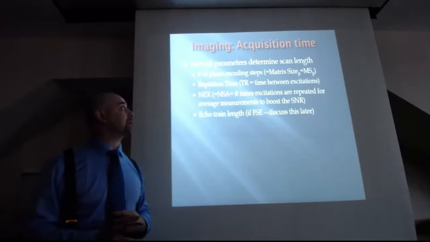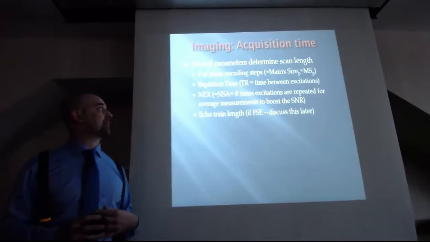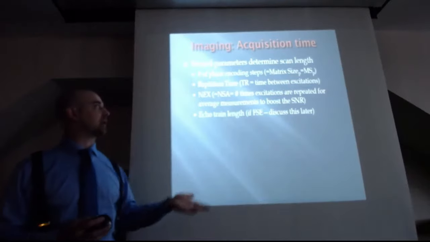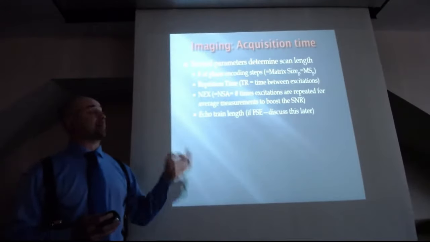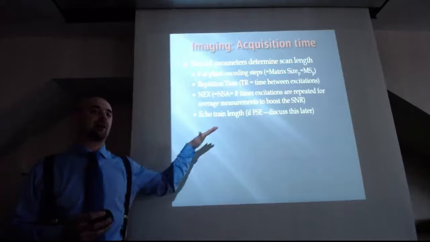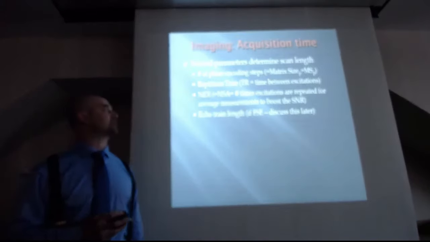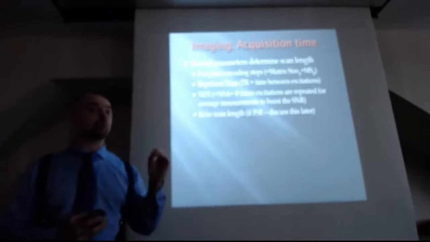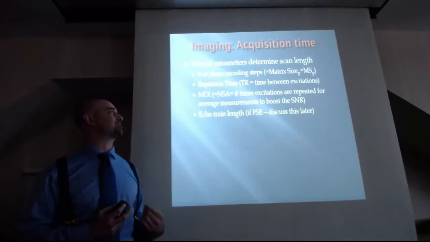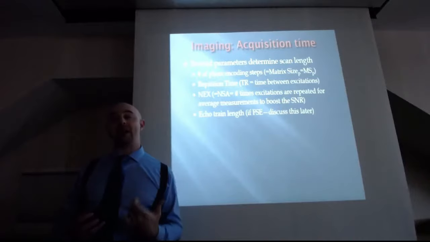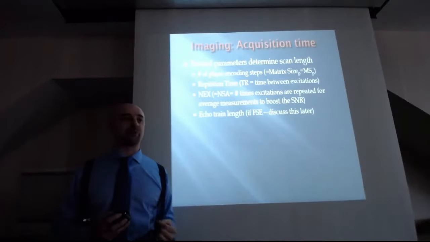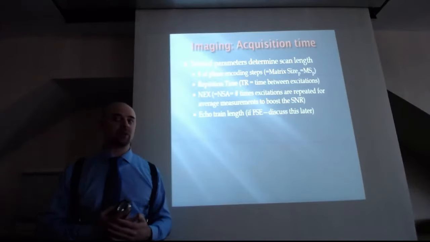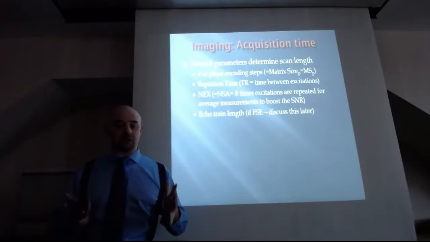Okay. So moving on now, acquisition time. As we've talked about, several parameters determine the scan length. The number of steps in the matrix in the phase direction is going to be a major determinant, right? Because that's how many distinct echoes you have to collect. The repetition time, because that's the amount of time that passes between each of those distinct experiments. And then also the NEX. If you remember, we talked about NEX briefly before. NEX is if you want to improve your signal-to-noise ratio, you basically collect redundant data.